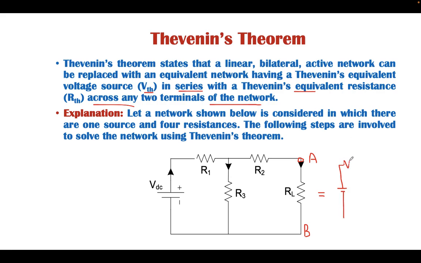That resistance is nothing but the Thevenin equivalent resistance across terminals A and B. This is terminal A, this is terminal B, when the load resistance is removed from terminals A and B in the original network. This is the Thevenin equivalent network of the original network across terminals A and B.